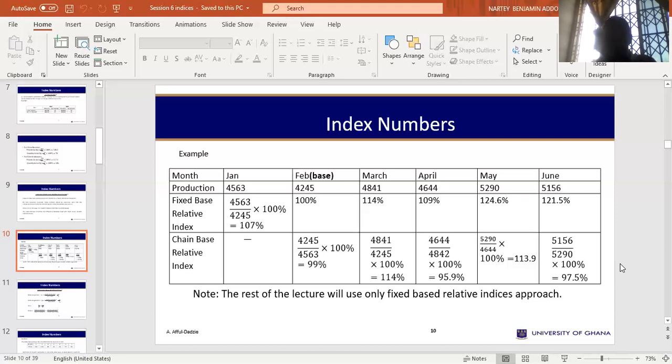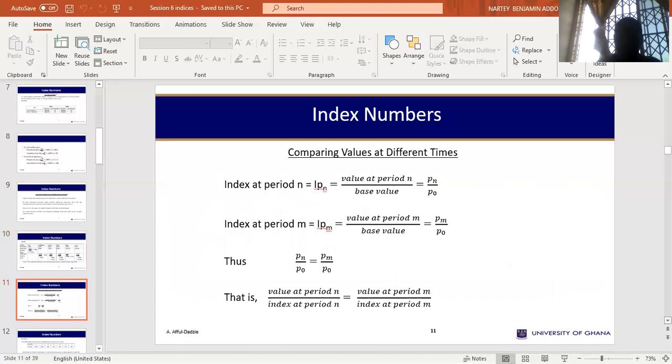Then for May, 5290 over 4644, that of April, and so on. So that is the difference between fixed and chain relative index numbers.